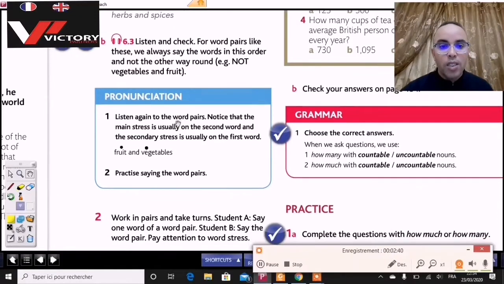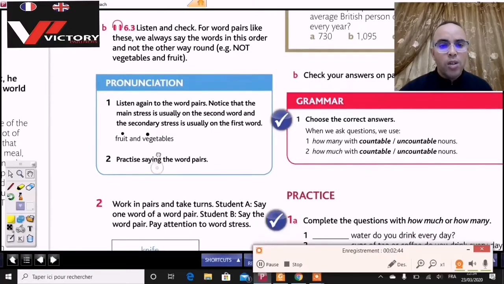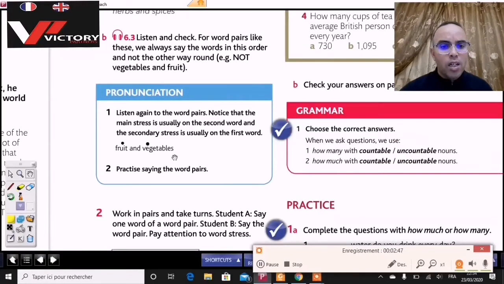You can see here the second word is pronounced louder than the first word. So please practice saying the other word pairs and try to pronounce the second word louder than the first one.